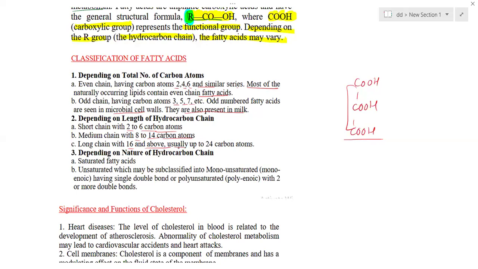Then depending on the nature of the hydrocarbon chain, here the structure of the fatty acid might be saturated or unsaturated.